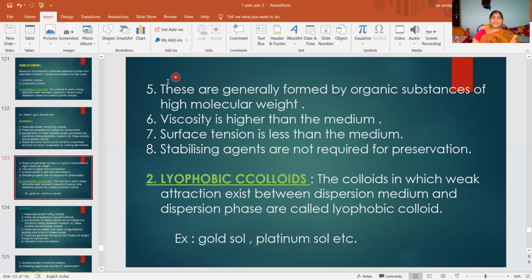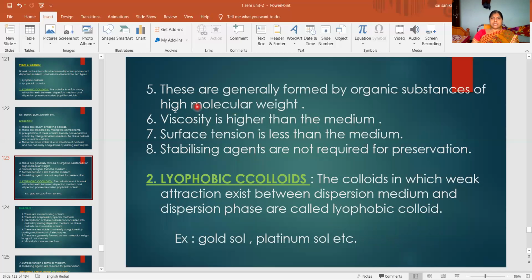Then fifth point, these are generally formed by organic substances of high molecular weight. So they are formed by what? Organic substances which have very high molecular weight. And sixth point, its viscosity is higher than the medium.